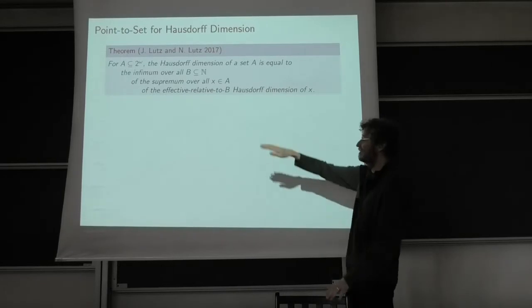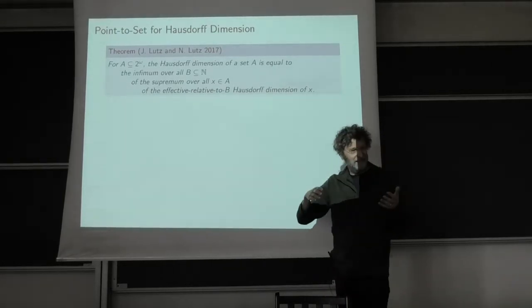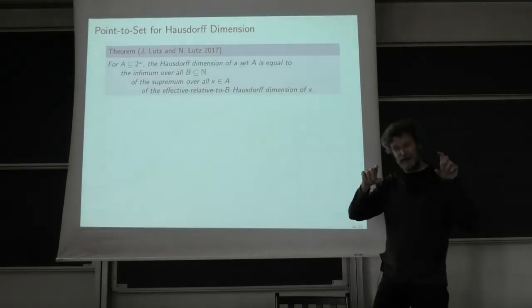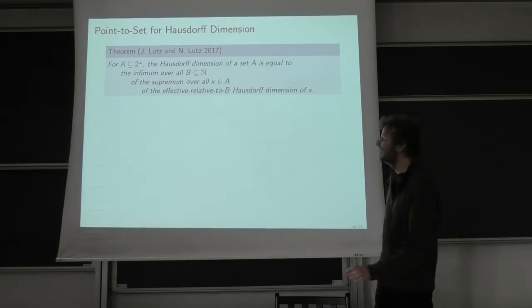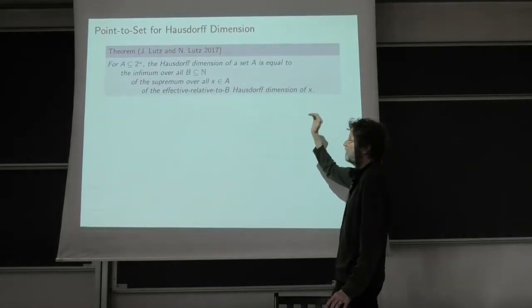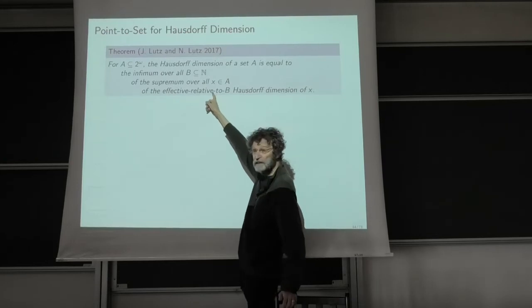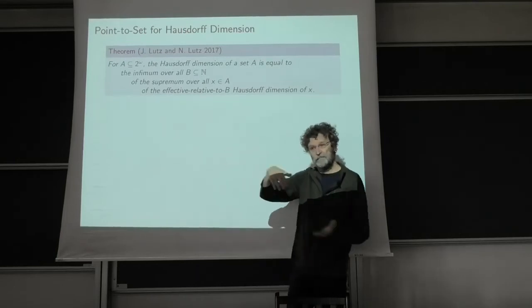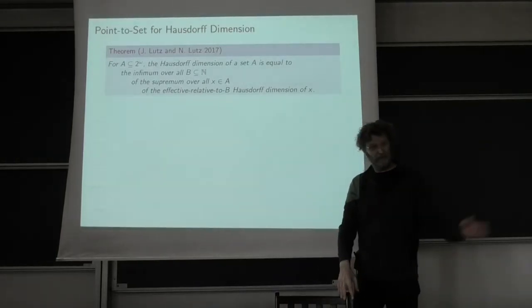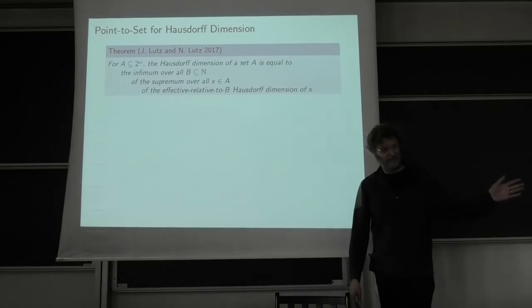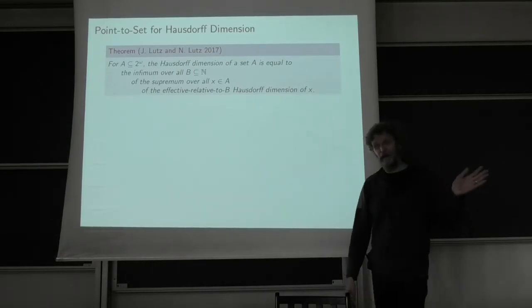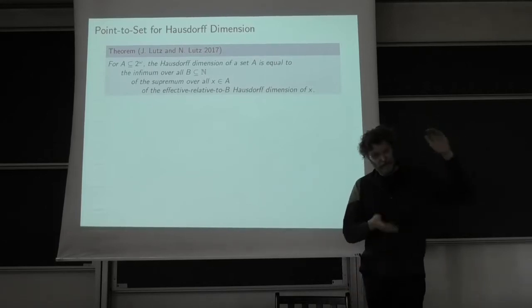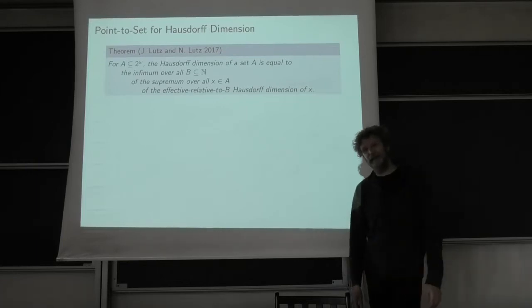As B has more and more information in it, that allows you to do better and better compression algorithms. So take the infimum over all B of how complicated the points of A look. How well can you compress all the elements of A? If I look at the set of reals that are 0 on the even bits, every element of that set can be compressed by a factor of a half.